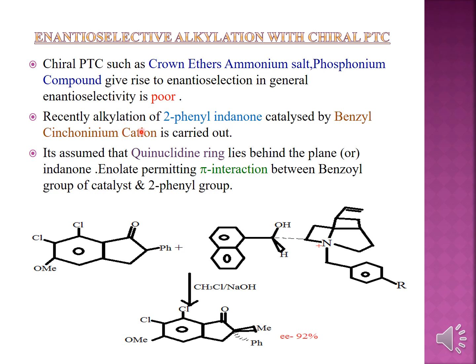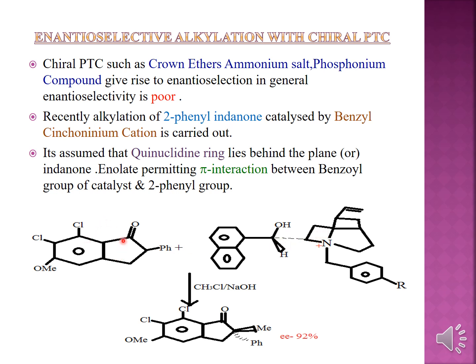Recently, the alkylation of 2-phenylindanone has been catalyzed by the benzyl cinchoninium cation. When you see here, there is a generation of the cation, and this ring is known as the quinuclidine ring, which lies in the same plane.